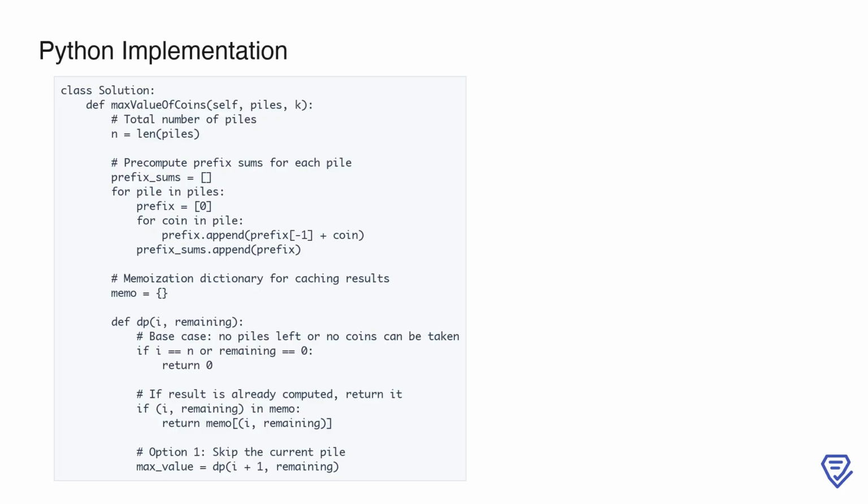In such cases, the function simply returns 0. Additionally, if the result for a given state has already been computed and cached in memo, we return it directly to save computation time. One of the choices we evaluate is to skip the current pile entirely, where we recursively call dp for the next pile while keeping the remaining count unchanged.